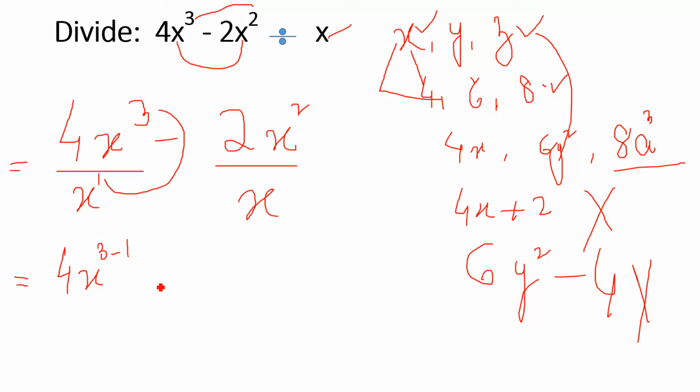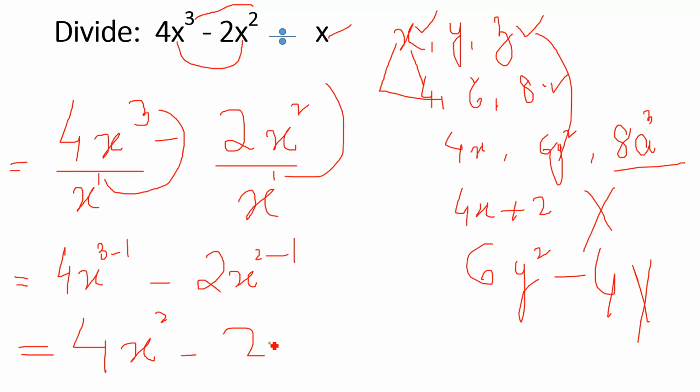Then minus, in the numerator we have x square, and in the denominator only one x. This exponent we take to the numerator, the sign will change, it is minus 1. Then we have 4x square minus 2x, because 2 minus 1 is x, and this is the answer. So we divided the binomial by the monomial.